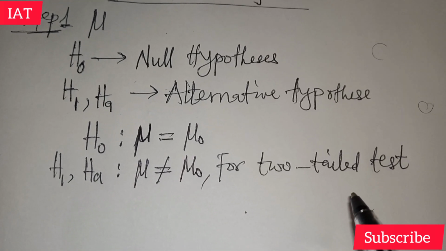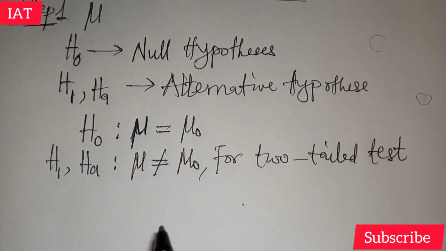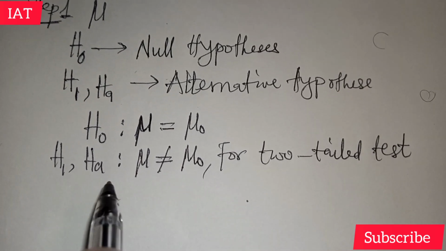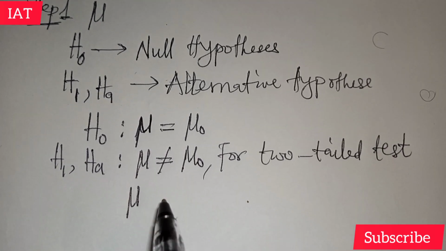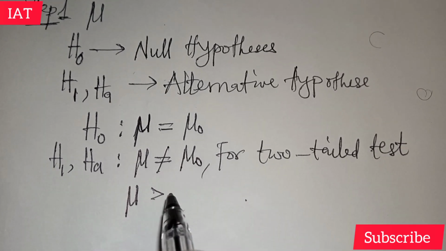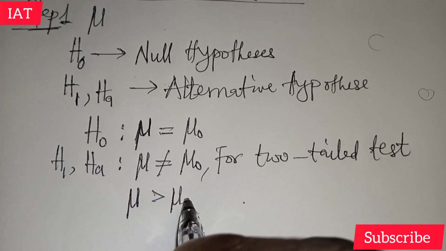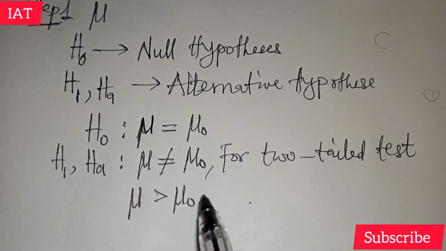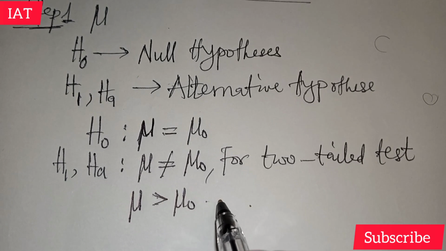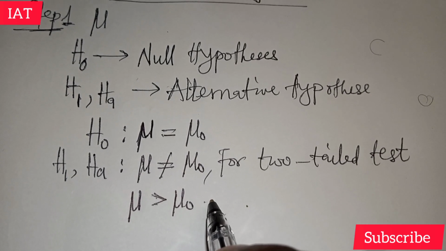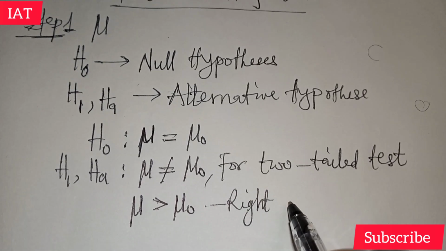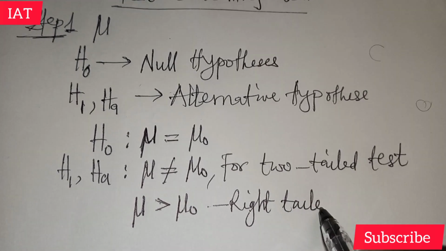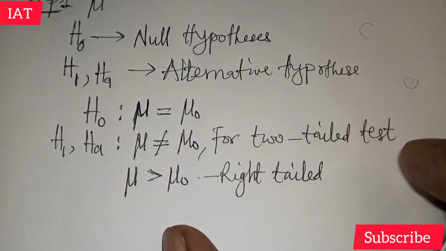All right, and then we still have another one, when the population mean is greater than this, and this greater than is for when we talk about right-tailed tests.